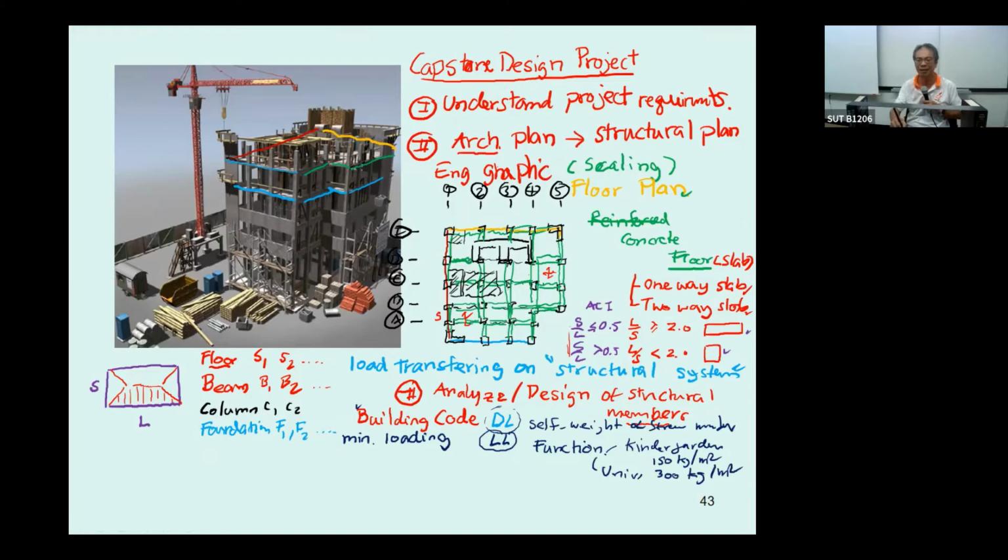Then you distribute, you get the loading that is applied to the floor. You use the concept of load transferring from the floor to the beam, from the beam to the column for each floor. And finally, they all will transfer to the foundation. When you finish load transferring, you can do the analysis of the structure.